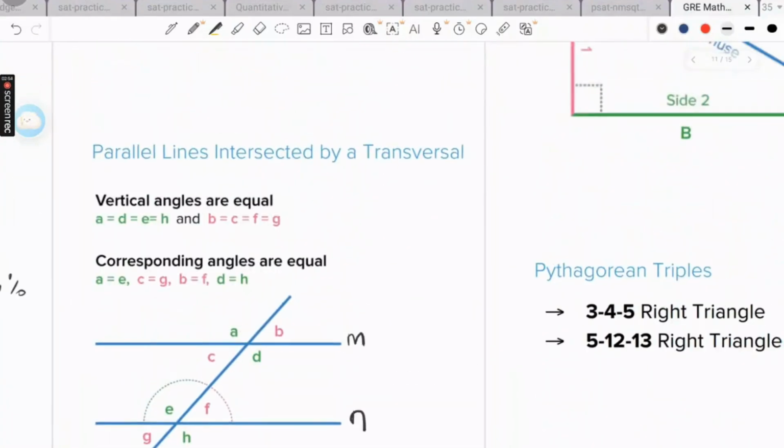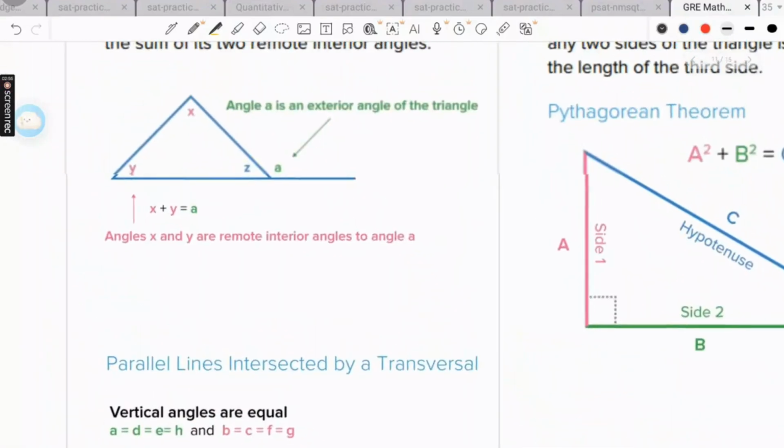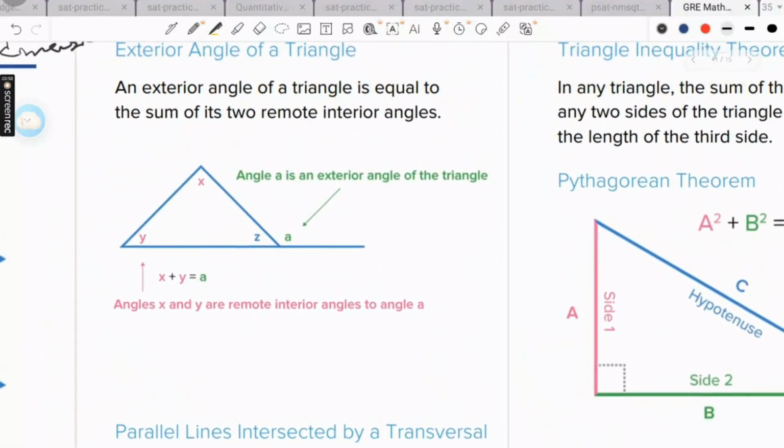Back to this, there's a note. Let me add it. That is a note on polygon. For a polygon, the sum of interior angles equals n minus 2 times 180 degrees.